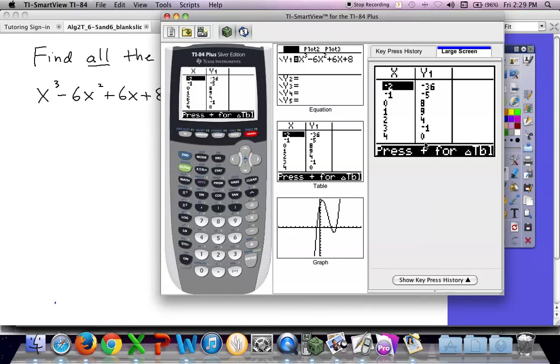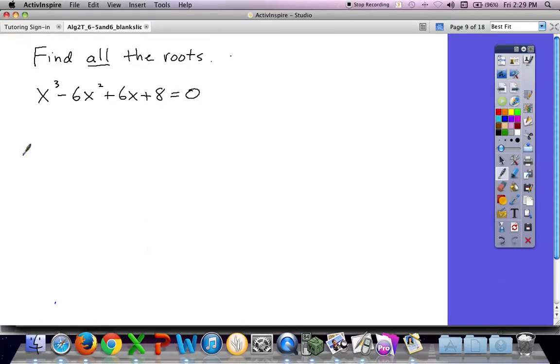Well, since we're not sure what the other zeros are, let's use the zero that we found with synthetic division to reduce this to a quadratic. Then those two will become more apparent. So we found from the calculator that x equals 4 is a zero.